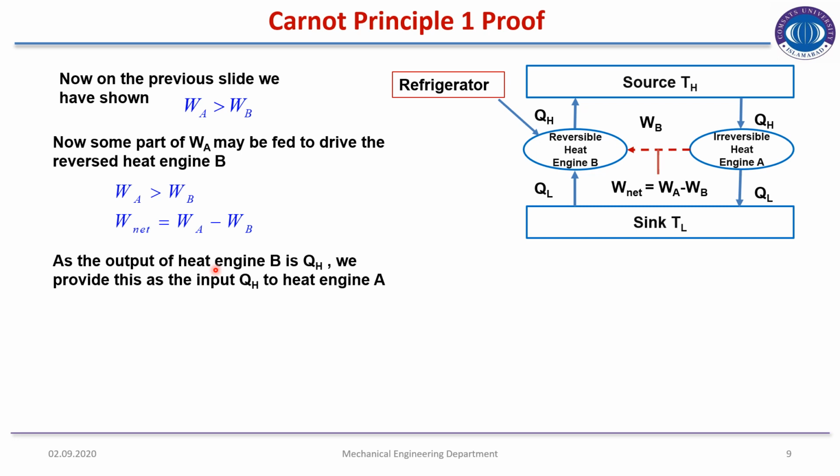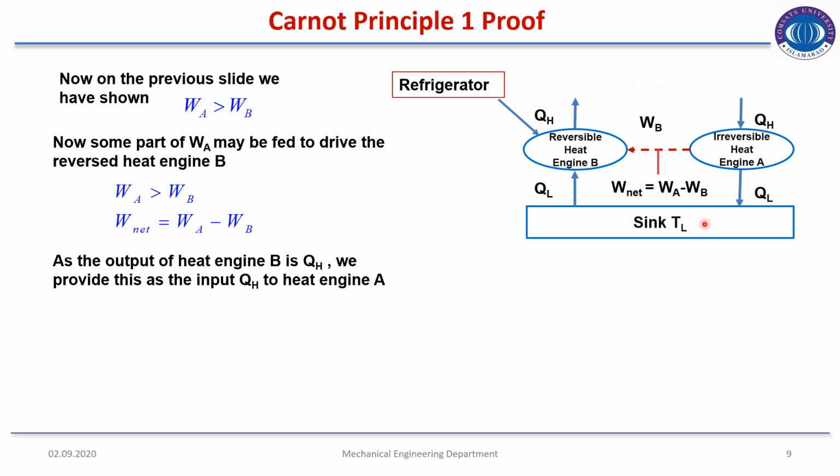As the output of heat engine B is QH, we provide this as the input QH of heat engine A. Now this is a refrigerator, so it is taking out QL amount of heat from the sink and rejecting QH amount into the source, whereas that is an irreversible heat engine. It is taking QH amount of heat from the source and rejecting QL amount of heat into the sink.